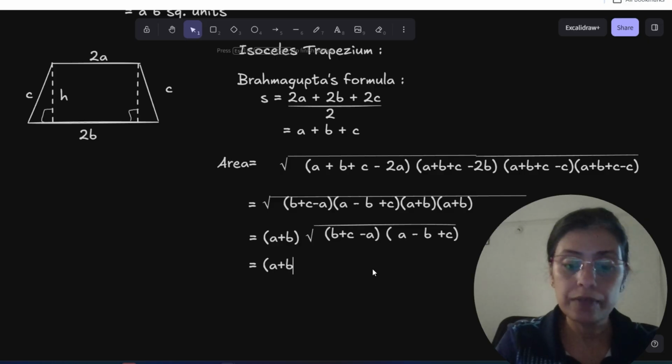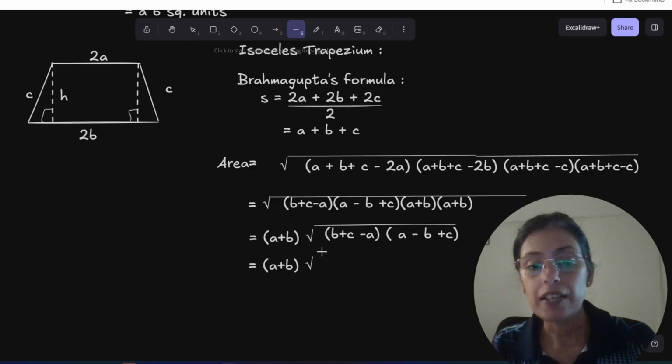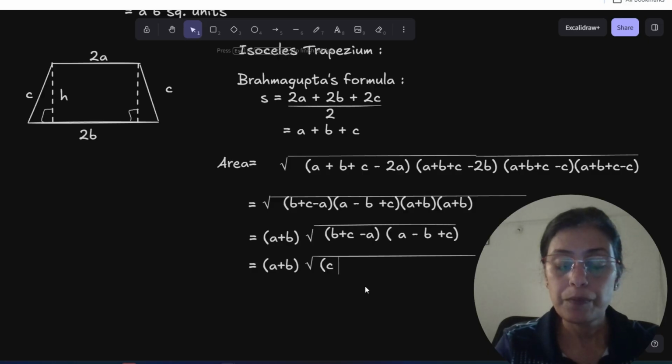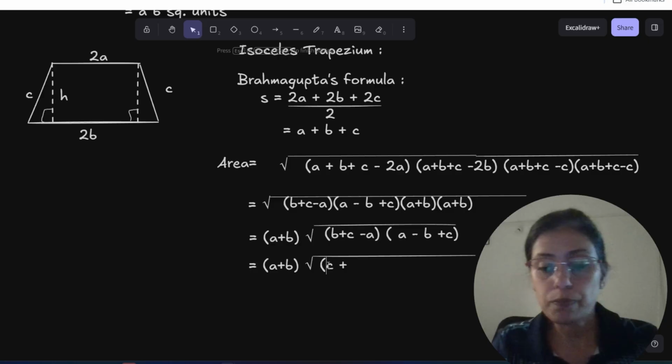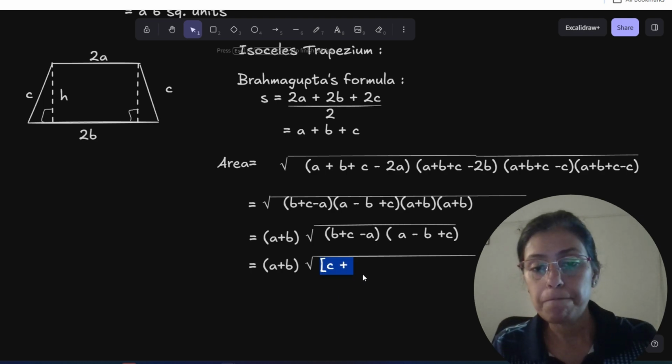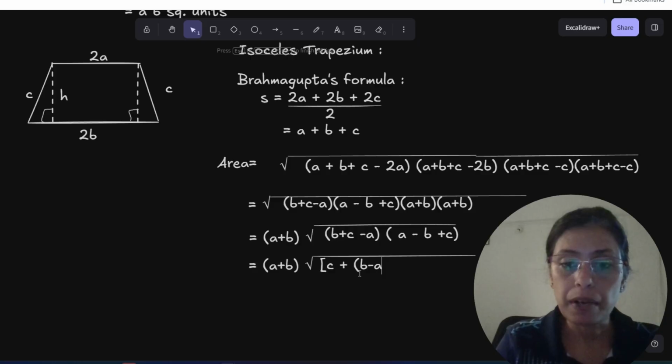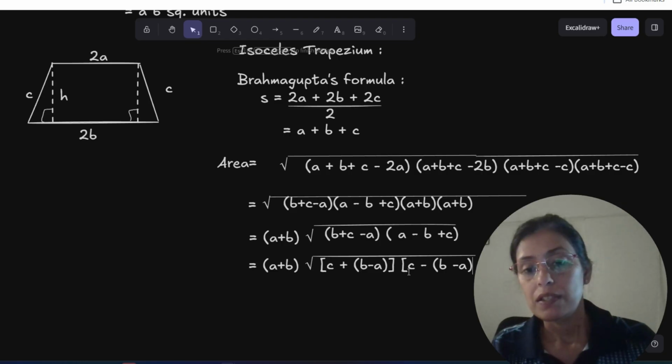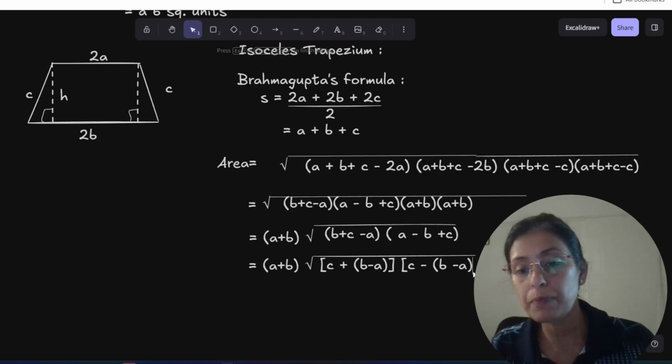A plus B is out, and then we can write the first one as C plus, maybe I'll change the brackets so that we are clear here, C plus B minus A, that is the first term, and then you can see C minus B minus A. If we open this bracket, it will become C minus B plus A, right? Which is what the second term is, C minus B plus A.